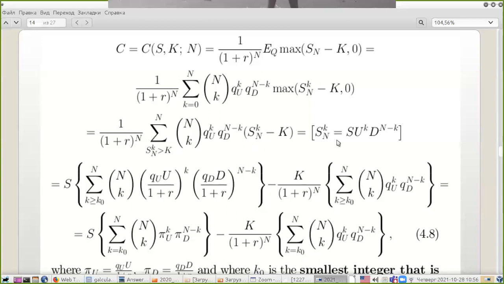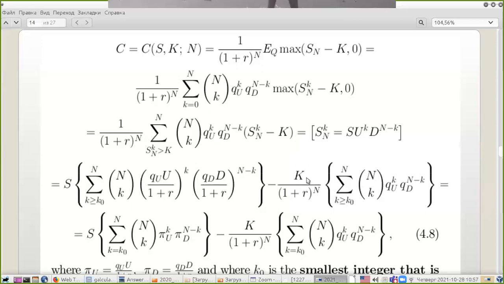And you remember that at any point of this tree and any node, we can write S as S multiplied by U to the power G, and D to the power n minus G. And after that, we can rewrite this formula as this multiplied by S minus all this multiplied by K capital.